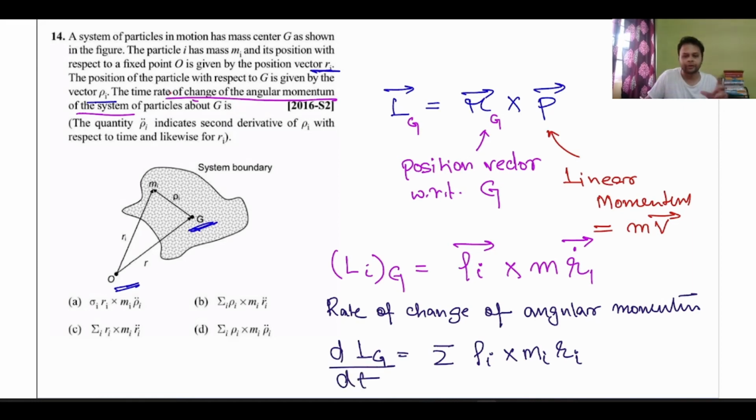This is the rate, not the angular momentum. So I'll say this is equal to the double dot term. If you search the answer, the answer is B. Answer is B.